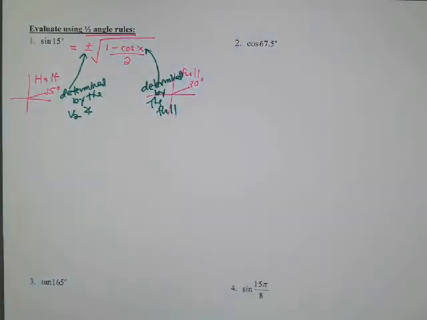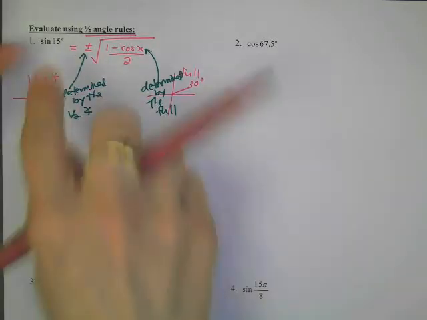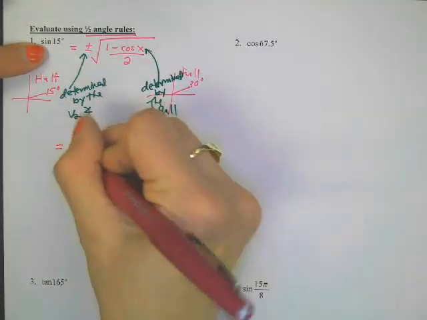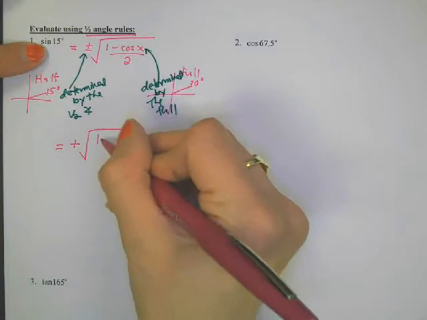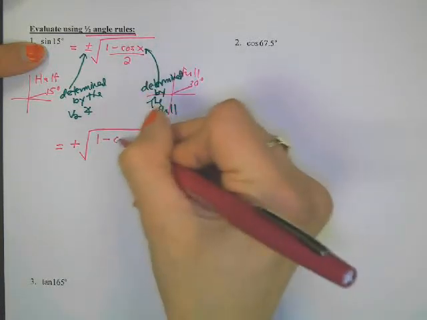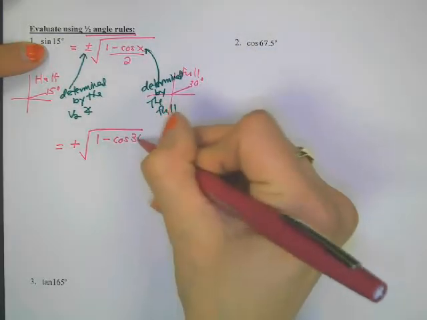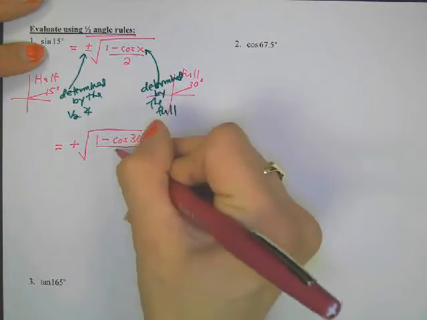So I'm going to start this problem. Should I pick the plus or the minus? Since 15 degrees is in quadrant 1, I see it, I'm going to pick the plus. Now I'm going to start the calculation. Big square root, 1 minus cosine of the full angle, 30. Okay, at this point, we should be able to calculate with our unit circle. Divided by 2.